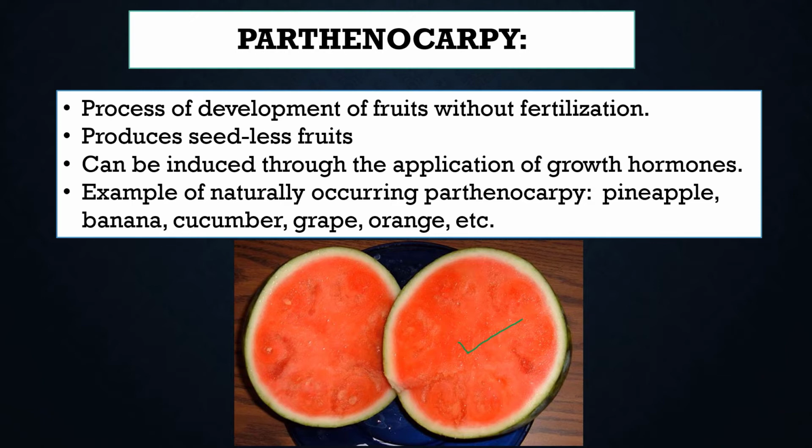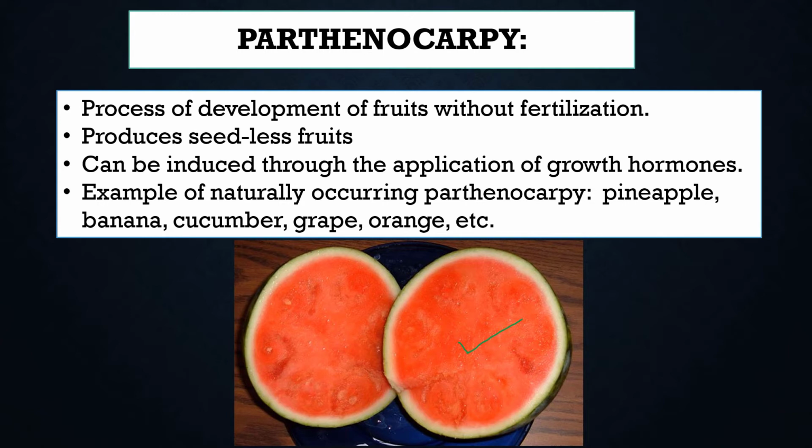Now, as I said, artificially we can induce this process with the application of certain growth hormones. Some examples of naturally occurring parthenocarpy are pineapple, banana, cucumber, grapes, orange, right? These are some of the naturally occurring parthenocarpy.